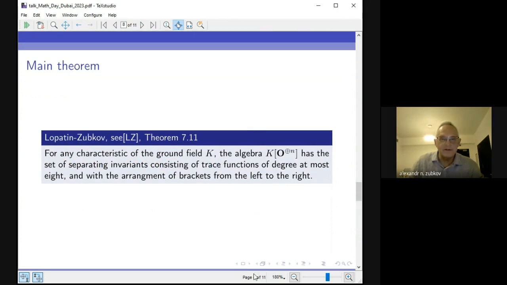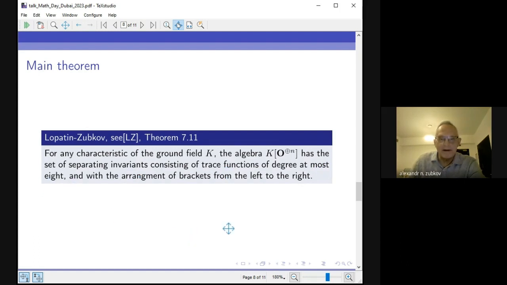So we proved that the algebra of invariants, of course it should be the algebra of invariants, not the coordinate algebra of tuples of octonions, of octonions has a set of separating invariants consisting of trace functions of degree at most 8.